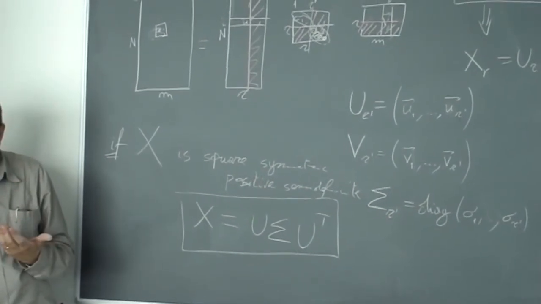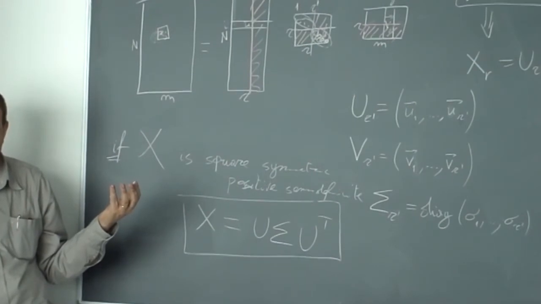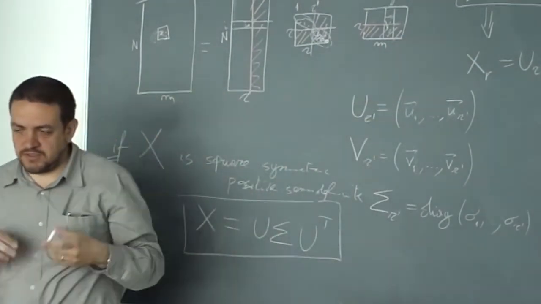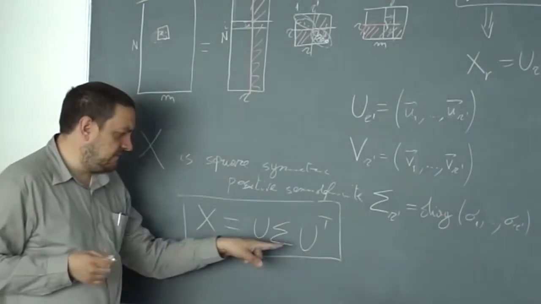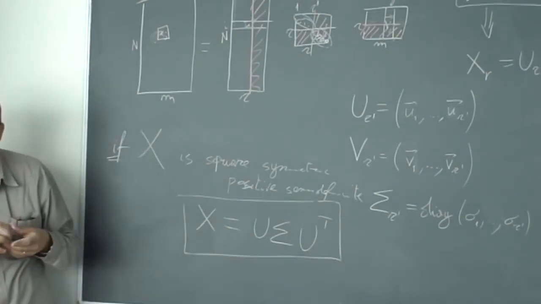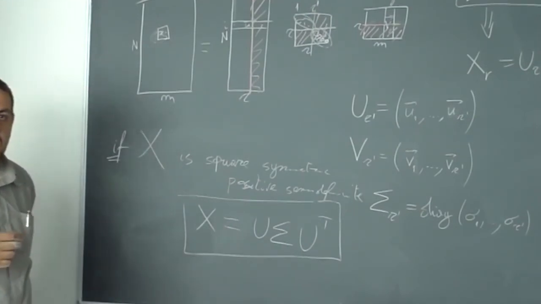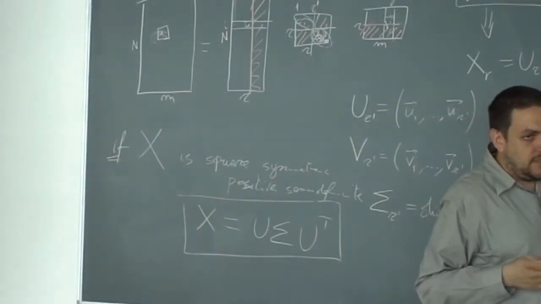In general, u and v will be different matrices, but we still can get some useful decomposition. If you look at eigenvalue decomposition of matrices, you see that eigenvalues work like the singular values that you see here.